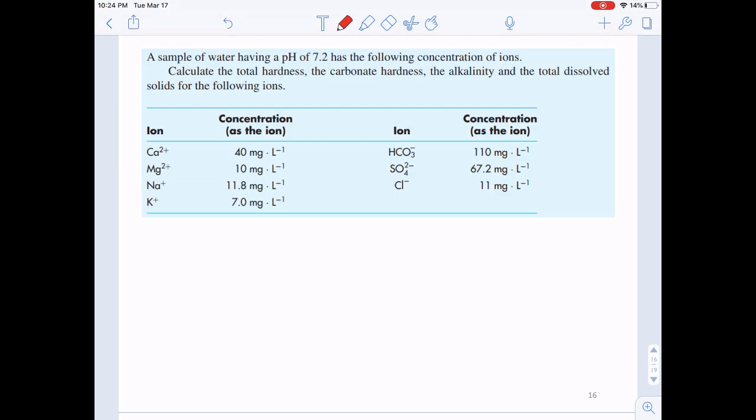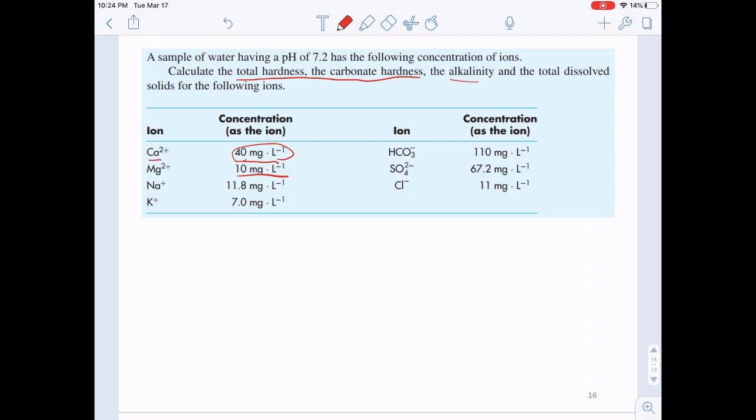Basically it wants us to calculate the total hardness, the carbonate hardness, and the alkalinity in the water. If you already know the mass concentration of the calcium and magnesium, we can convert them into the equivalent mass concentration of calcium carbonate. First we divide the mass concentration by the equivalent weight.